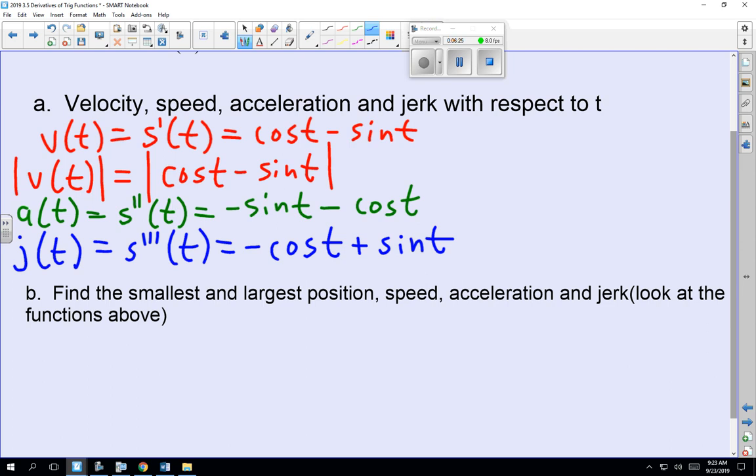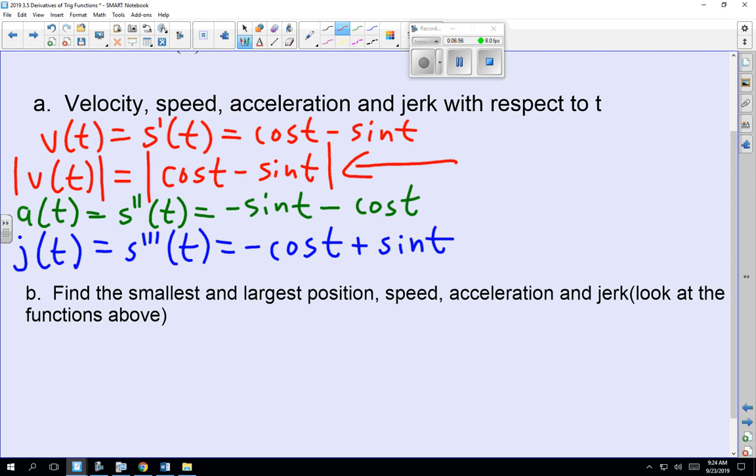When you go to graph this guy right here, you can go to Math, Num, and there's an ABS for absolute value, and you could type in ABS and place cosine t minus sine t between the two absolute value functions. So then you can find what the highest speed is. It's cycling, so the highest speed happens at each top of the function and each bottom as well. And then acceleration, same thing. Just graph those functions together, look for the highest it reaches and the lowest it reaches.